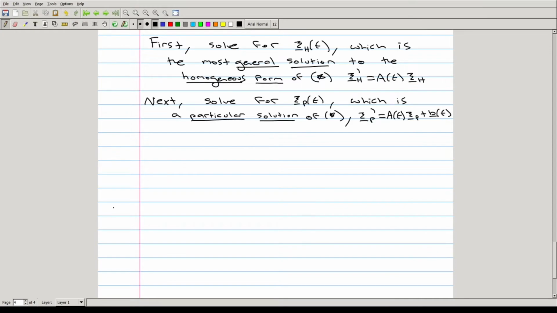And with the homogeneous solution and the particular solution, then we can go through and express the general solution as the superposition of these two solutions.